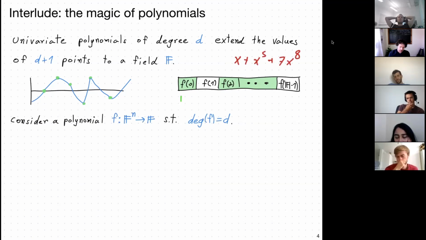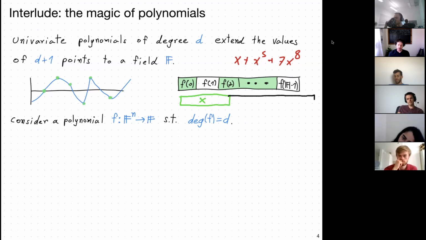So when I said low degree extension, I meant that you can take your favorite value x, evaluated on d plus 1 points, and then you can consider it over an arbitrarily large finite field F, and all the values here would be uniquely determined by the green values, by these d plus 1 points.